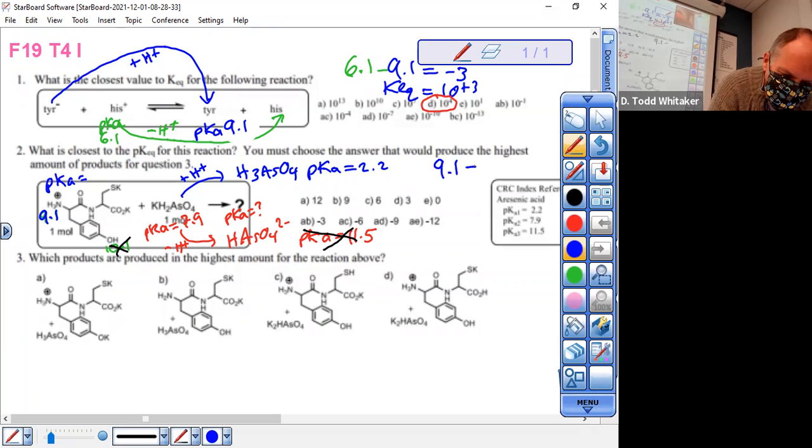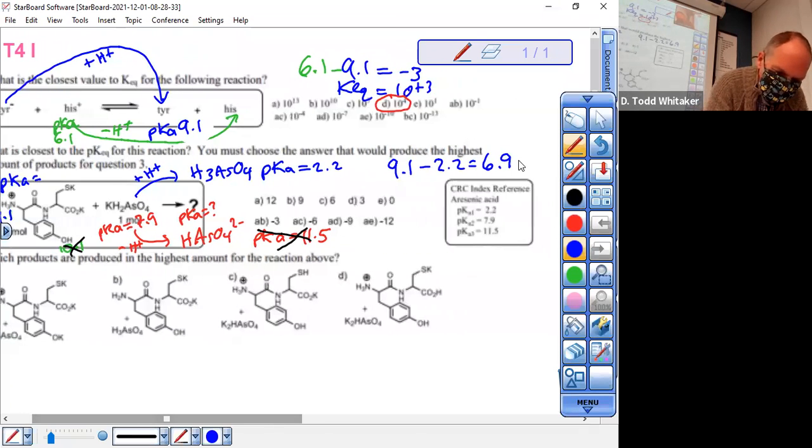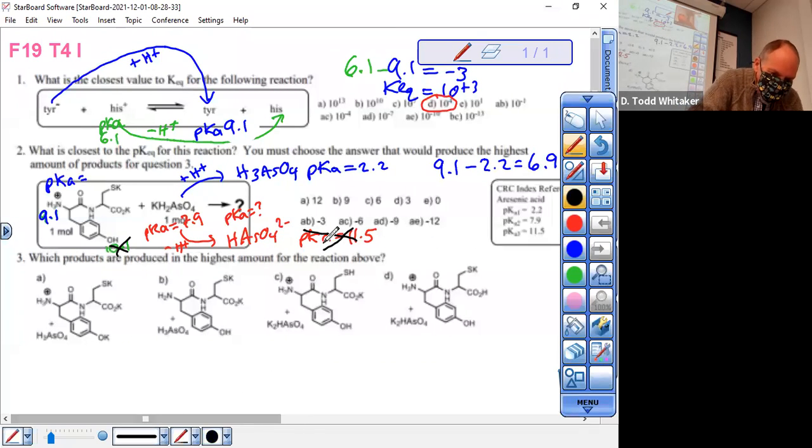I don't think 9.1 minus 2.2 is going to be the one going most to the right. 6.9, I think, right? I don't think that's going to be our best equilibrium. I told you this is a sneaky little problem. But it really shows an understanding of pKa to be able to do this problem. All right, so that's the scenario if this thing's the acid.